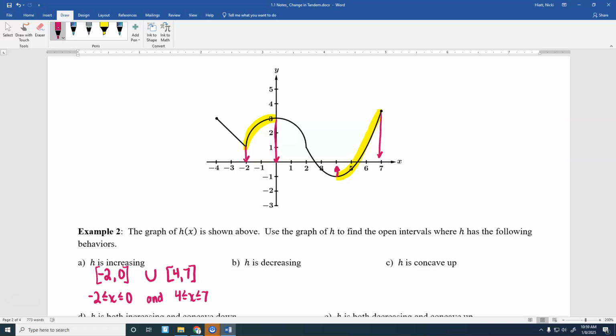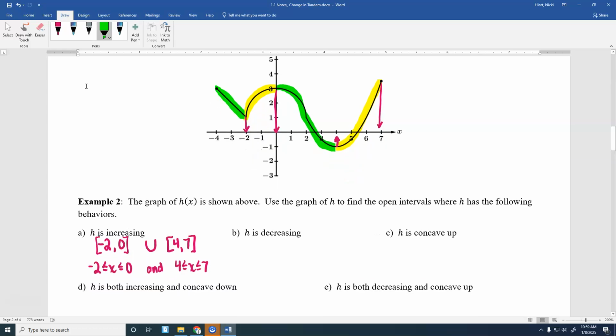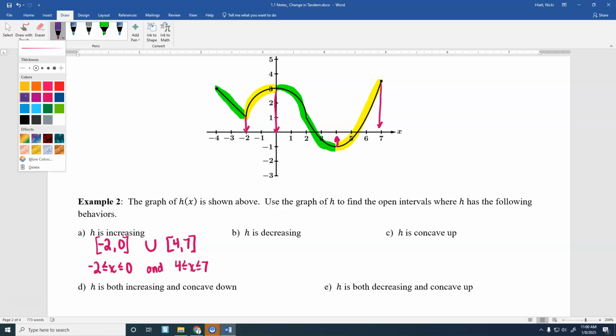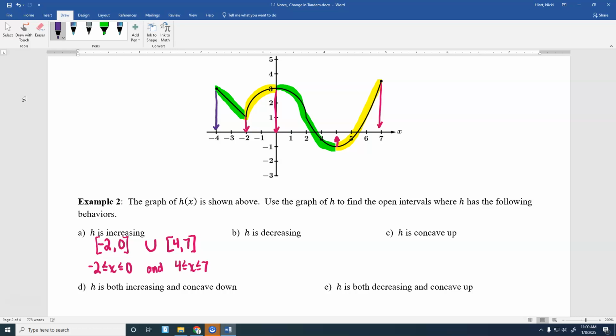Okay, so for decreasing, we're just looking at basically the other parts of this graph, this part right here, and then it decreases all the way to here. So for decreasing, we would say, again, make sure you're going down to look at the x-axis.